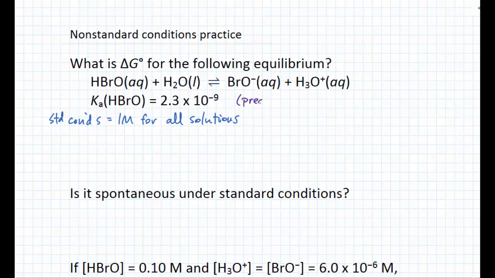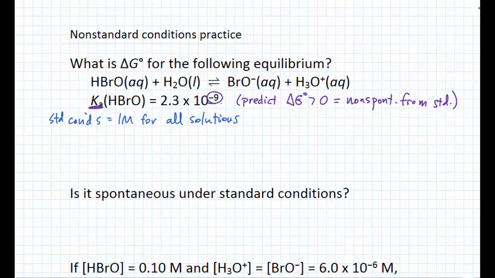Predict delta G. That would be a delta G what? That would be non-spontaneous. Non-spontaneous from standard. Why do we know that's going to the left? So a couple of reasons. Ka is very small. Okay?